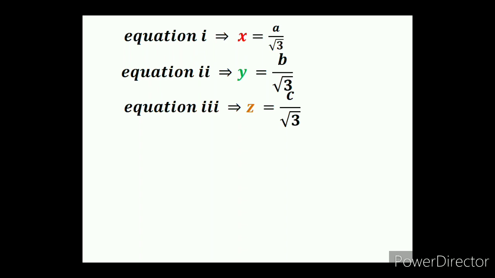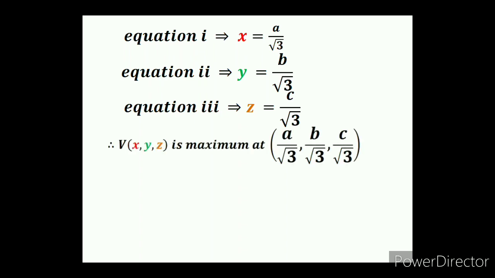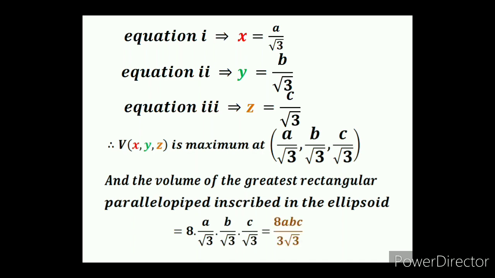Now, since the minimum volume of the parallelepiped inscribed in an ellipsoid is 0, at (a/√3, b/√3, c/√3), V(x, y, z) must be maximum, and the volume of the greatest rectangular parallelepiped inscribed in the ellipsoid is equal to 8 × a/√3 × b/√3 × c/√3, that is 8abc/(3√3).